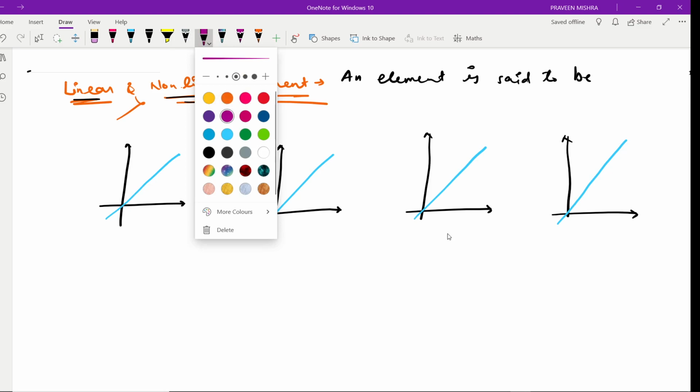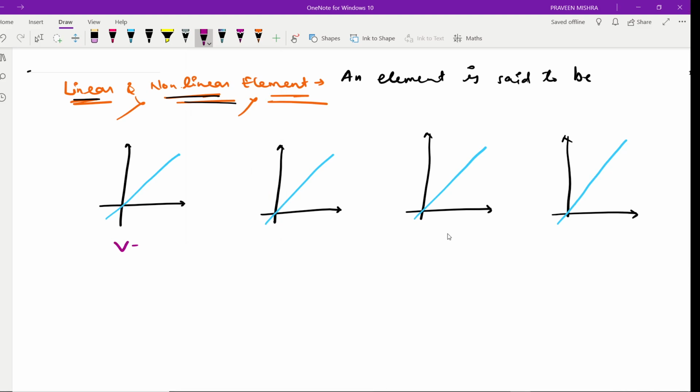An element is said to be linear if its characteristic passes through the origin.